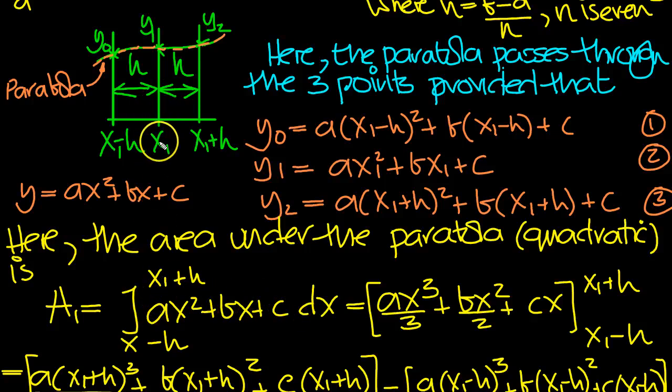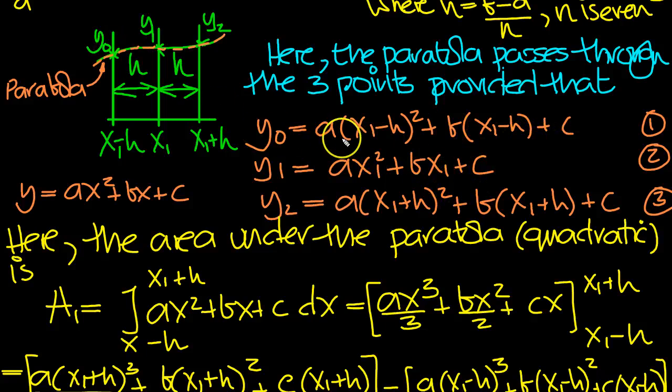Here's point x1, say. There's back a distance h, there's forward a distance h. So we're just going to look at this area here and show how the formula emerges. So the distance is h, as we said. We go back h and we go forward h from a point x1. The parabola meets the top of the curve here, here, and here. For that to happen, you've got 3 equations in 3 unknowns.